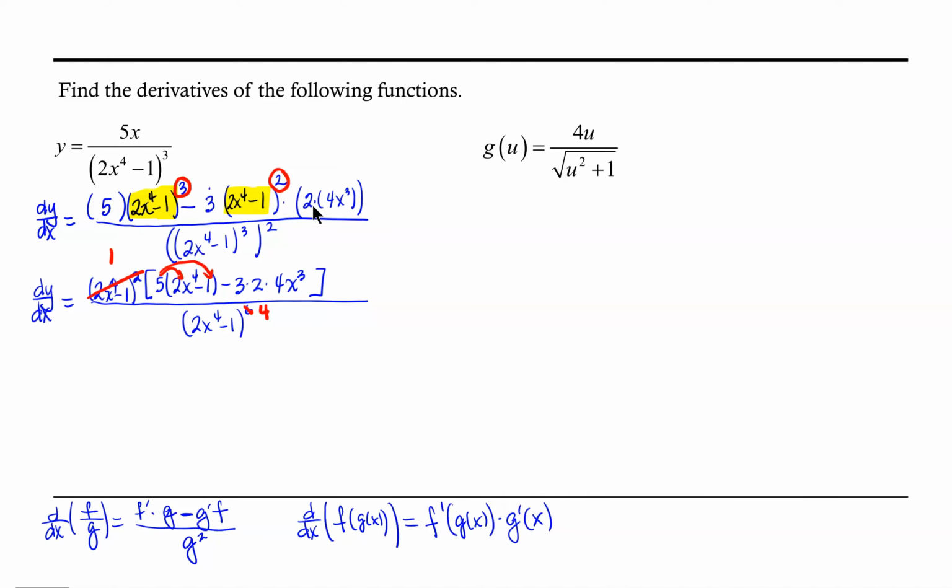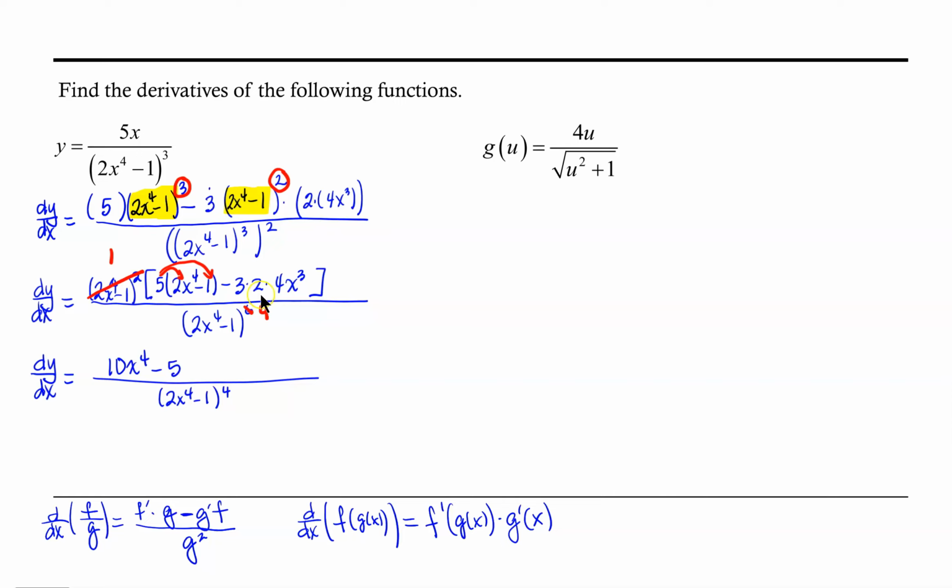So we have dy dx equals, here's my fraction line. My denominator is 2x to the 4th minus 1 raised to the 4th power. We have 10x to the 4th minus 5 times 1, so minus 5.